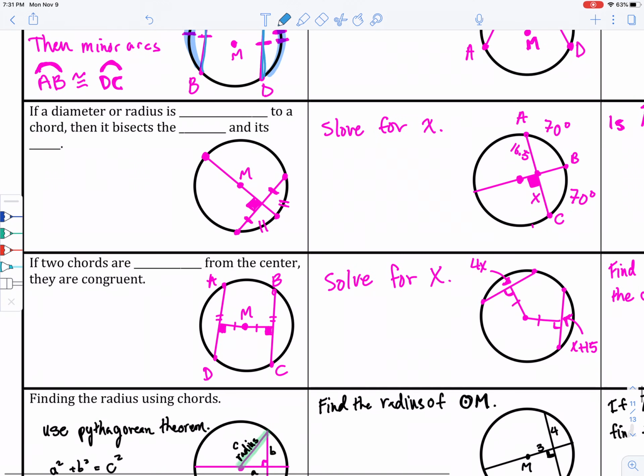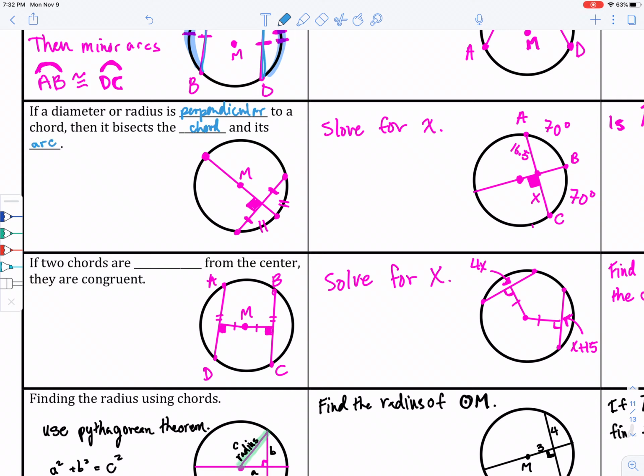Second property with chords: if a diameter or a radius is perpendicular to the chord, then it bisects the chord and its arc.